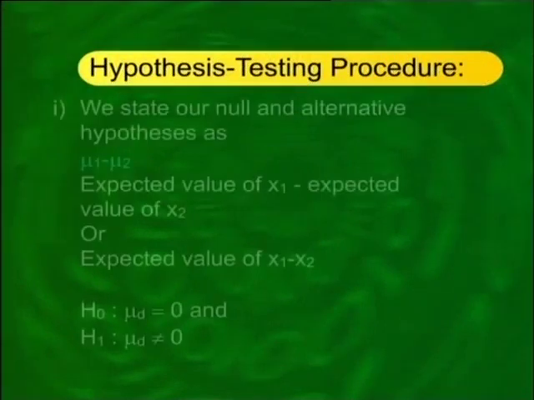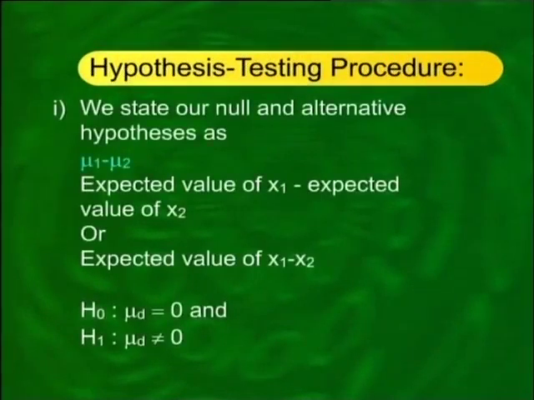कि μ1 minus μ2 is equal to 0, and the alternative is that μ1 minus μ2 is not equal to 0. As you now see on the screen, μ1 minus μ2 is equal to expected value of x1 minus expected value of x2, इसलिए कि expected value का मतलब ही mean होता है.